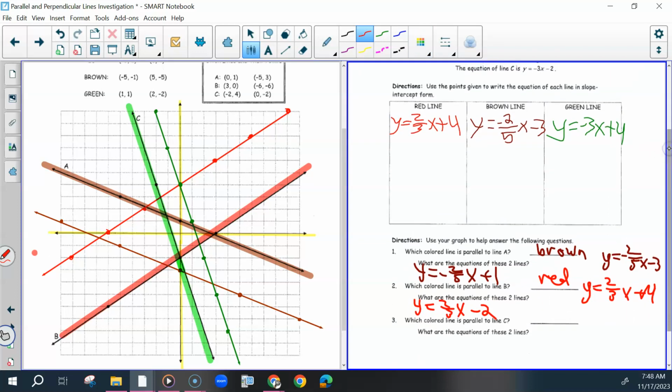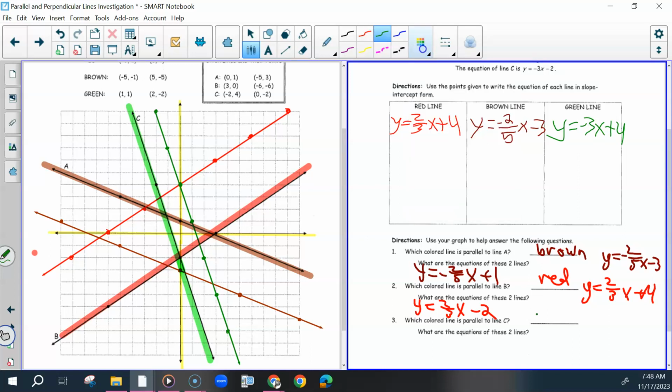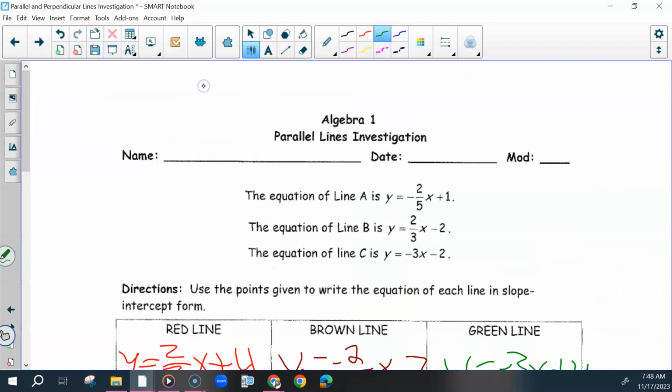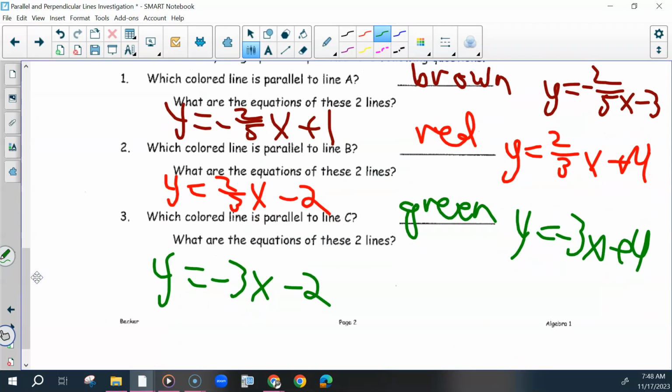Okay, and then by default, the last one would be the green because that's on the left. But we can also look and see that those two lines are never going to touch. It's a little messy. But brown, write the equation of the brown line and the equation of A. Red, same thing. Green, same thing.